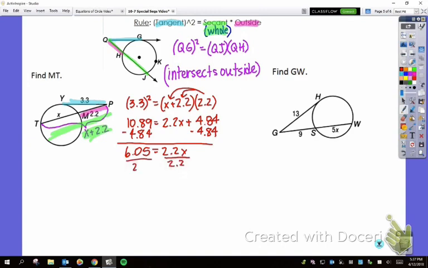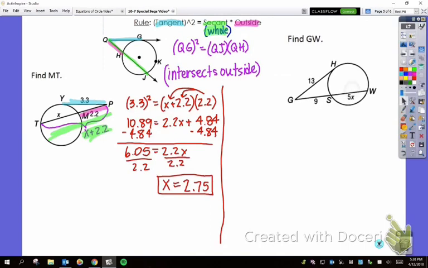Divide by 2.2, and you end up with x equals 2.75. Now, they asked for MT, which was just x in this case. But if they would have asked for PT, then you would have just put in 2.75 plus 2.2. So make sure that you are giving what they asked for.